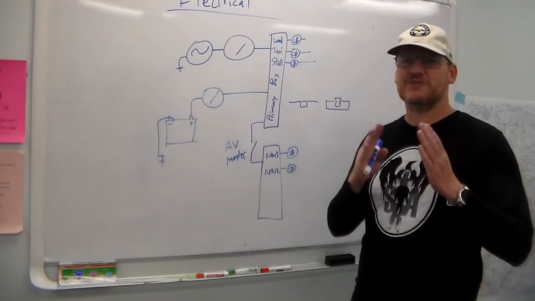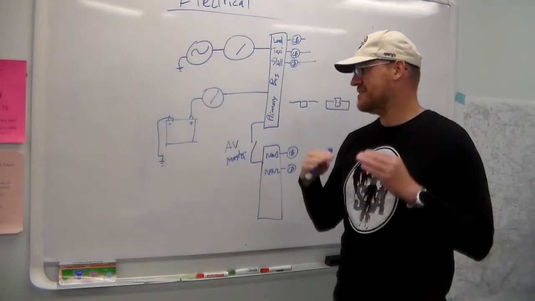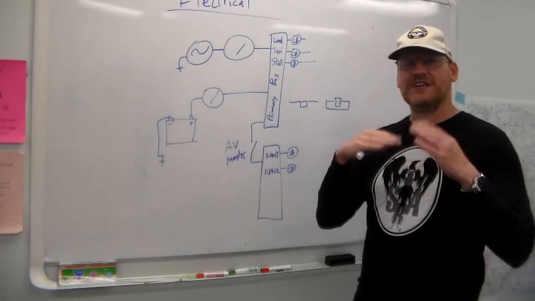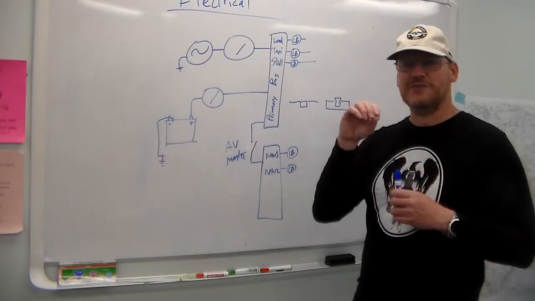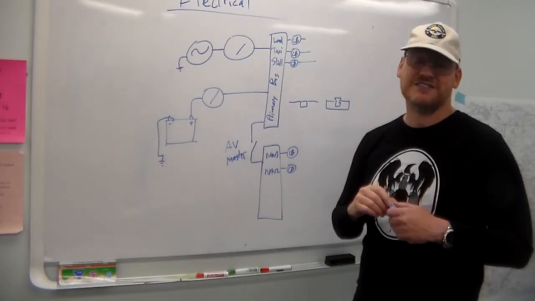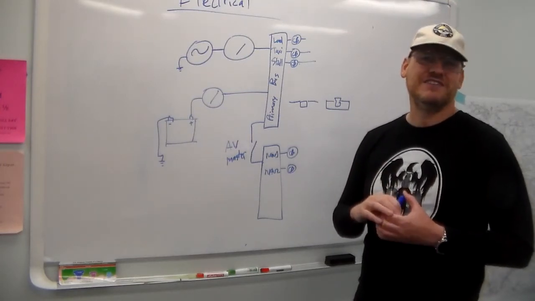But stranded wire is more flexible, it's easier to run. And so flexible wire that's stranded, it flexes, but those little itty bitty strands are a lot more robust than one big strand of wire.